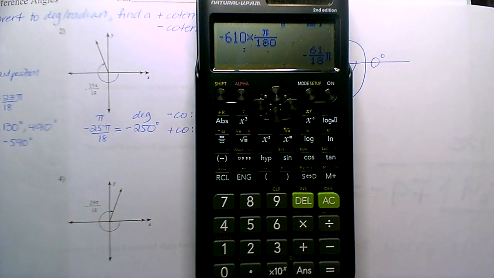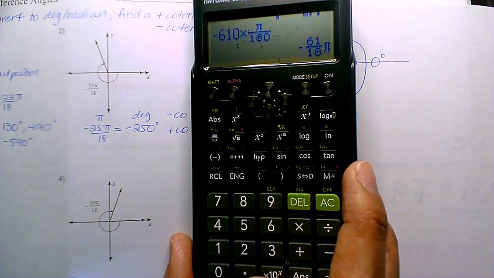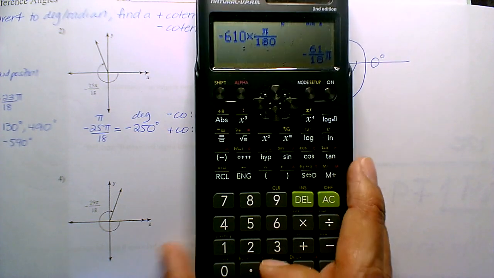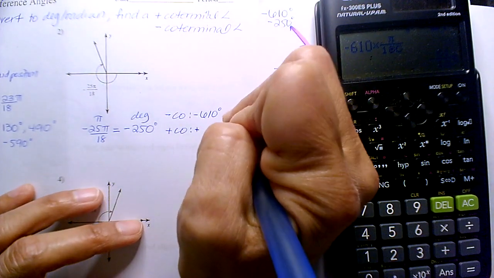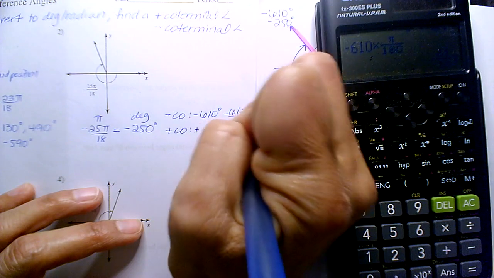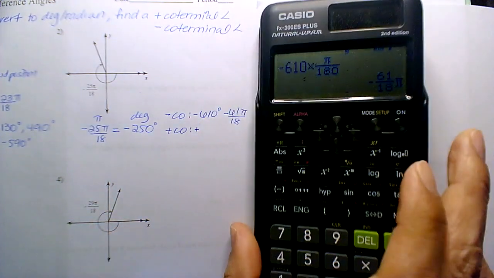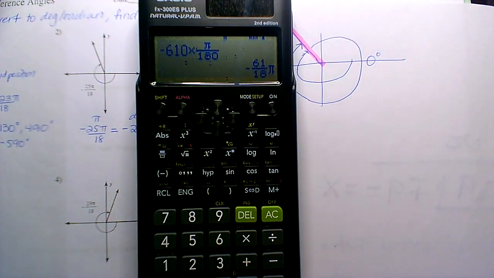So convert it back to radians and you get negative 61 pi over 18. Let me write it. And so that's the equivalent, and you did it. So move on. 360 is a revolution, and so if you ever want to find coterminal angles, it's 360.